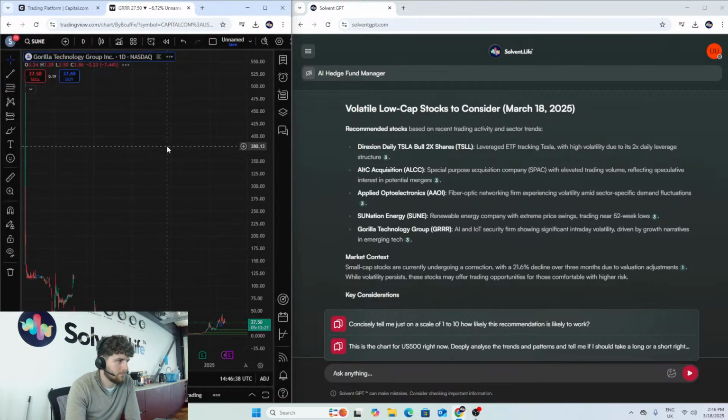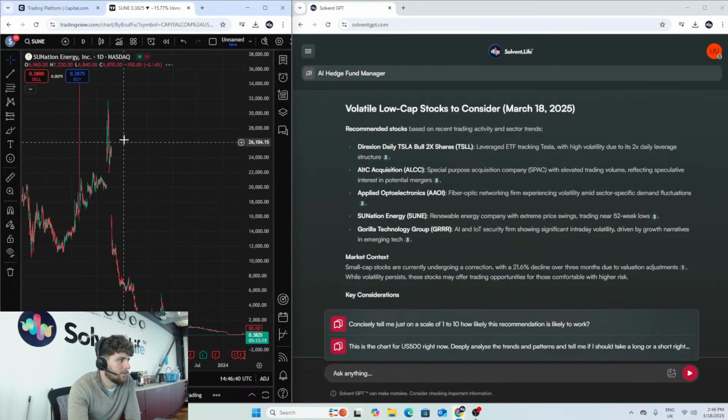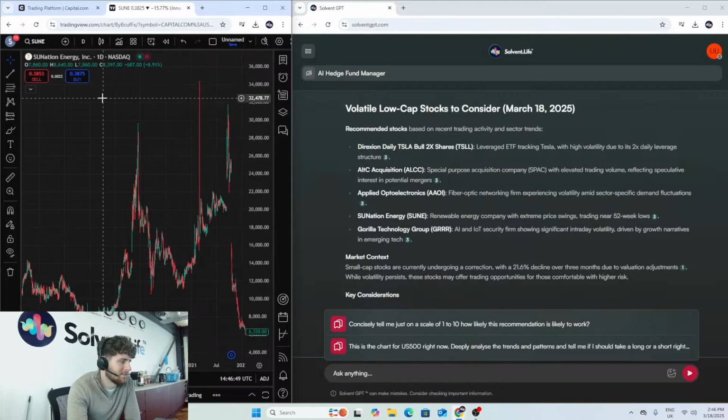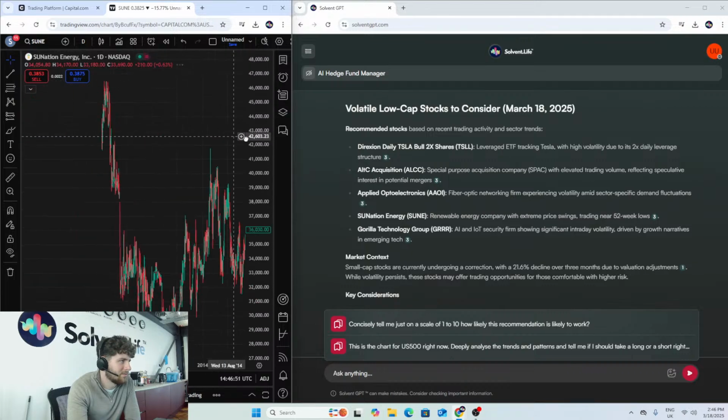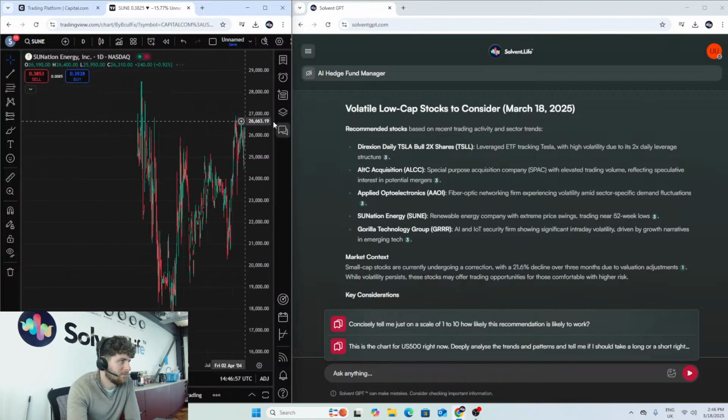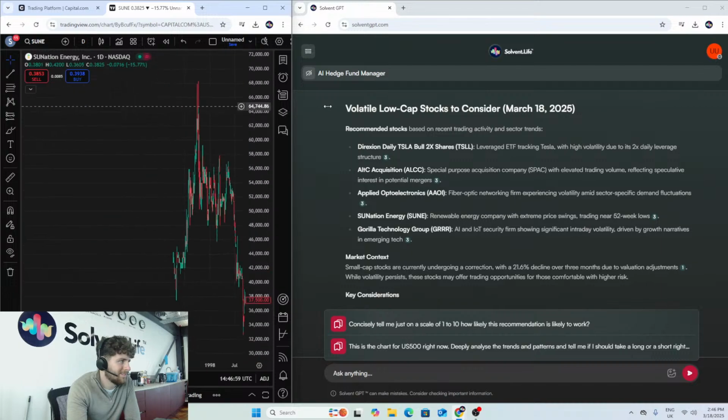SUNE. 38 cents. At one point trading at $31,000, even as high as 34,000. Oh. Up to 62. 72.